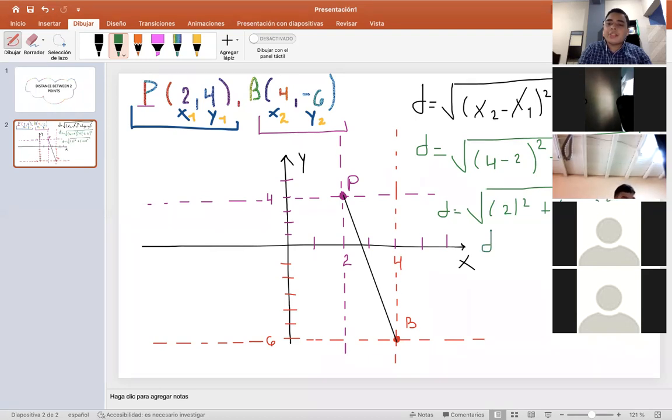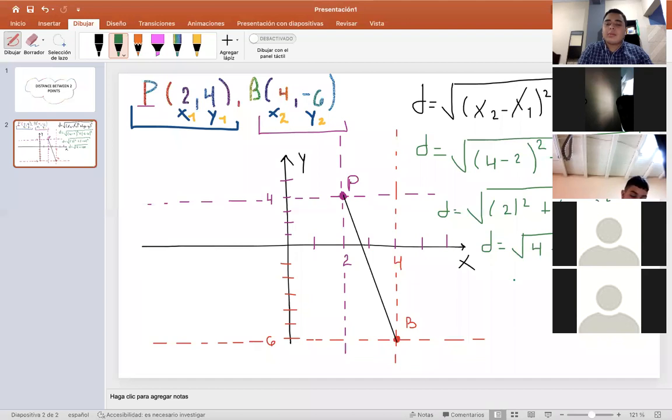Now, how much is 2 squared? 4. And how much is -10 squared? 100 positive, guys. I'm going to explain why.